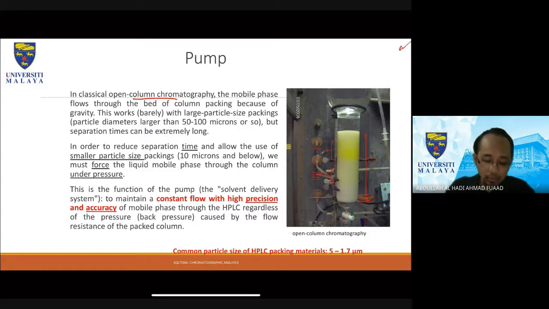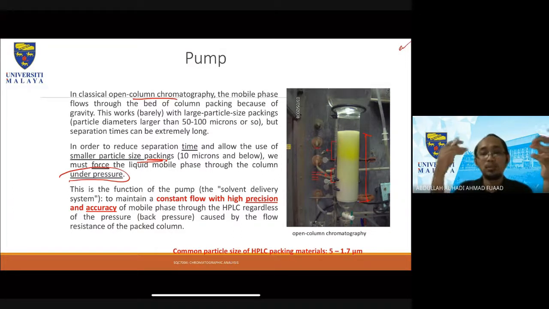In order to reduce the separation time and allow the use of smaller particle size packings, because you want smaller ones for better interaction between your compound and your solvent system, we must force the liquid to pass through the column under high pressure. So the smaller the particle size, the higher the pressure.